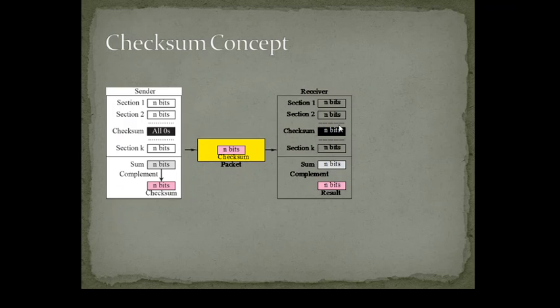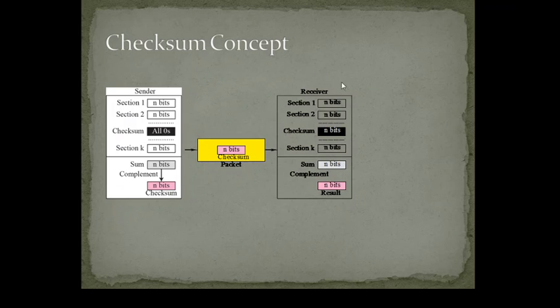You can understand that the checksum was the complement of the sum of all the other 16-bit fields. So when we add all these fields along with the complement, we must get 0. So that is the concept.